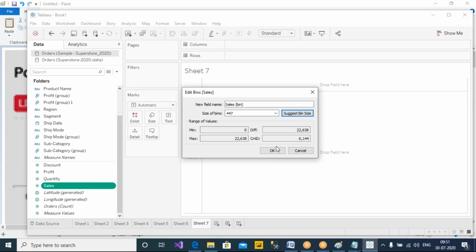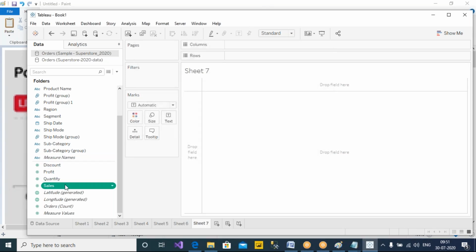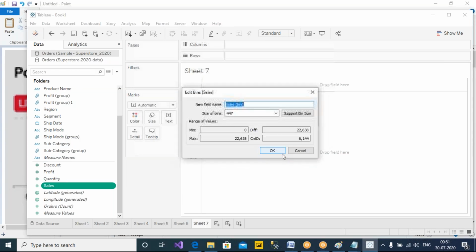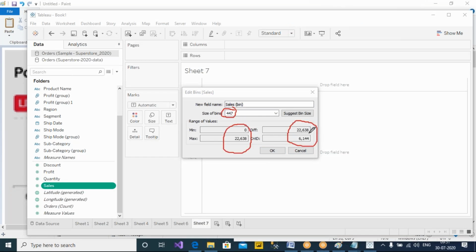Okay, so there's a new change here. Observe. In the old version, when you right click on any of the measures and click on bin, all these values would be automatically populated. But now it showed me the bin size as 1, and unless I click on this, it did not show me the values.